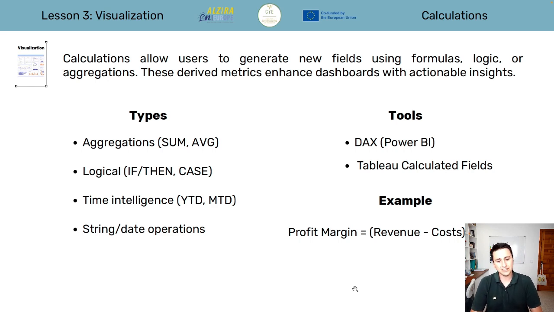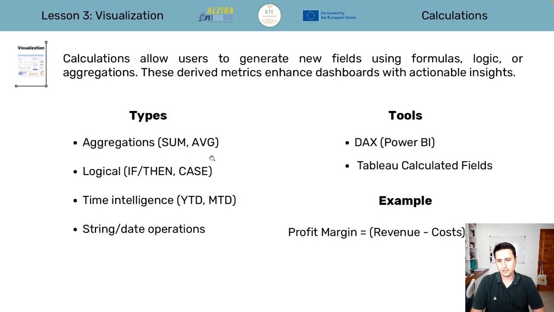Then we will link that revenue to a field from a data set or from a specific table. Costs we will do the same, and revenue the same. With that we have created a new field called profit margin inside the Power BI or Tableau tool, which is linked to revenue and costs, which are coming from another data set.